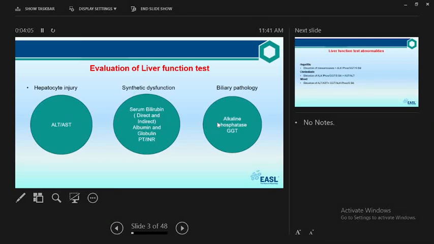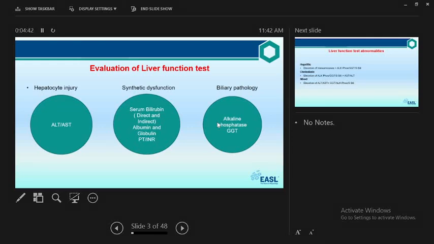When there's hepatocyte damage, that would be represented by elevation of ALT and AST. When there's synthetic dysfunction, that would be represented by elevated bilirubin, reduction of albumin with alteration of the albumin globulin ratio, and PT INR. When there's biliary pathology, it would be represented by elevation of alkaline phosphatase and gamma GT, as well as serum bilirubin to a certain extent.